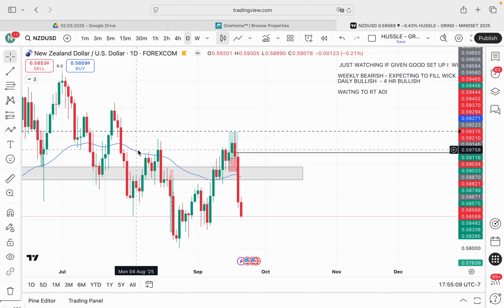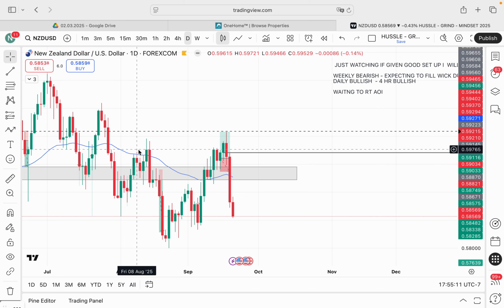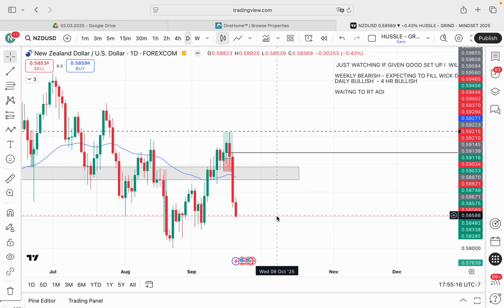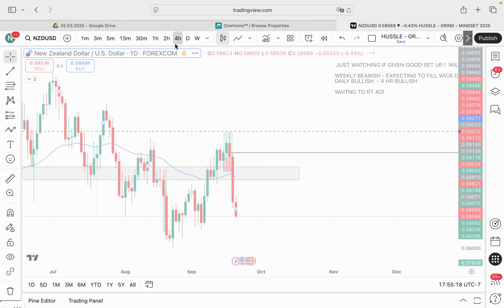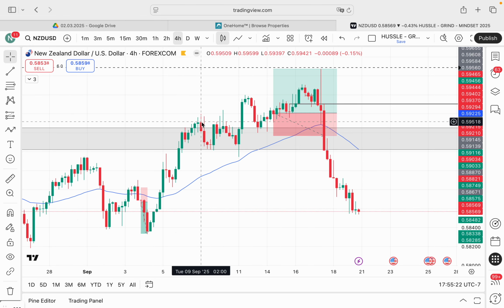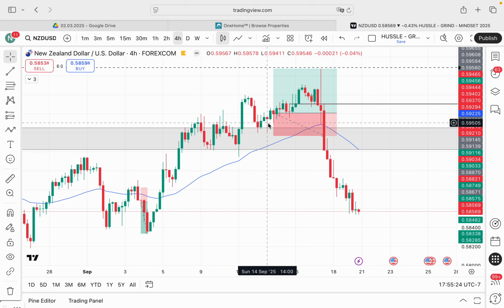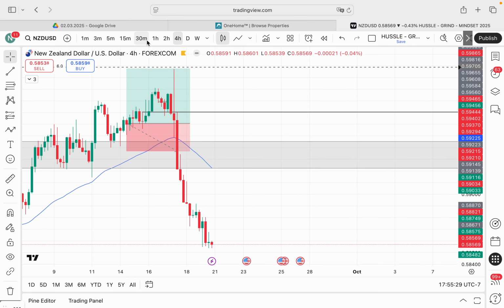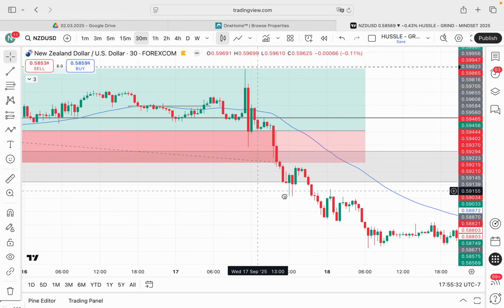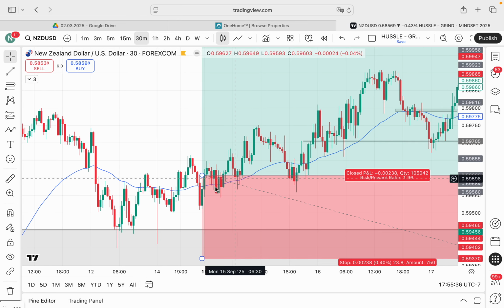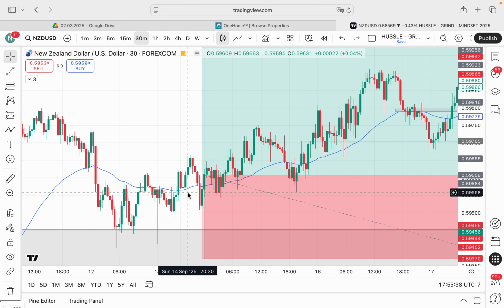So right here we're buying at the bottom of the strong weekly area of interest, daily bearish. On the 4 hour we have higher high, higher low, higher high, higher low. So I enter right here on the shift of structure, we get a bullish engulfing.